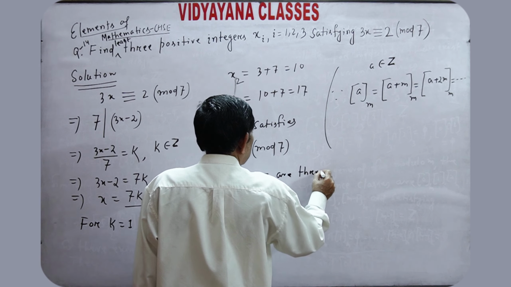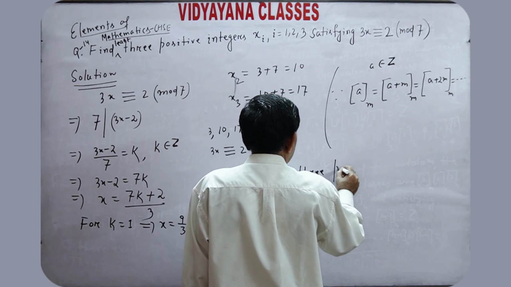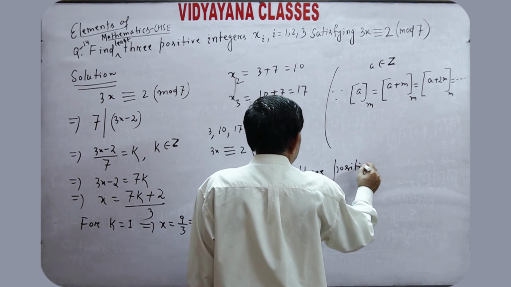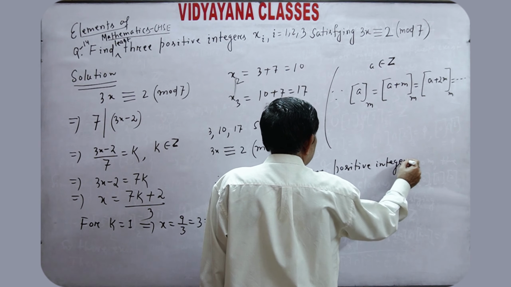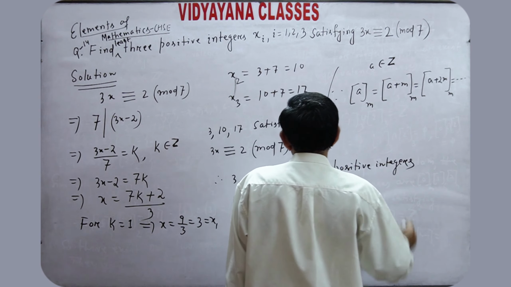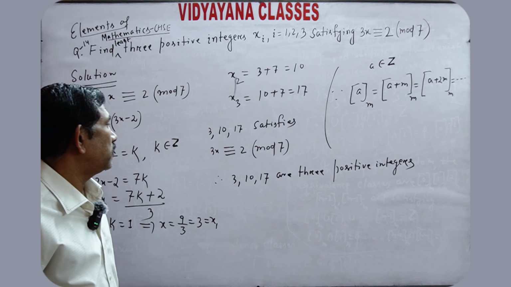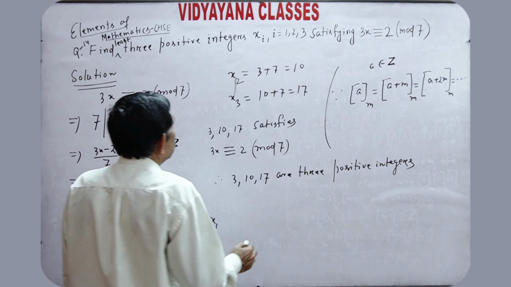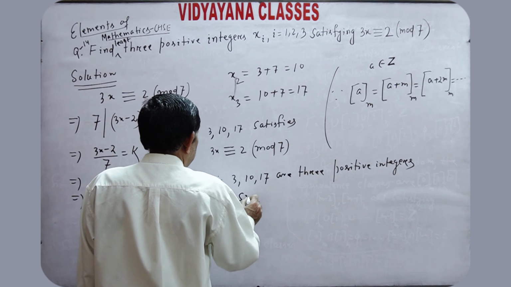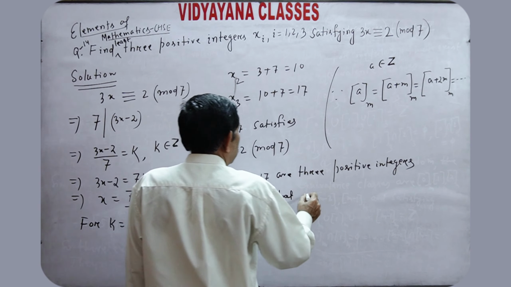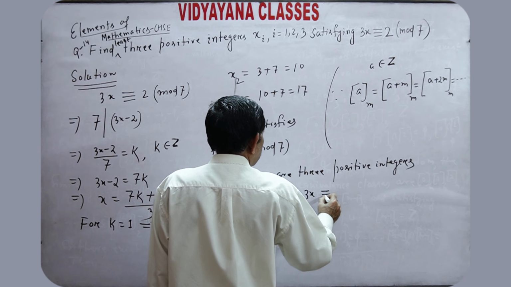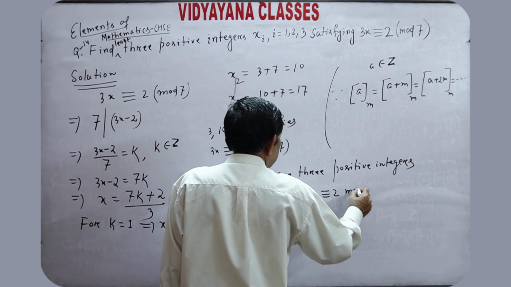3 positive integers so that 3x congruent to 2 mod 7.